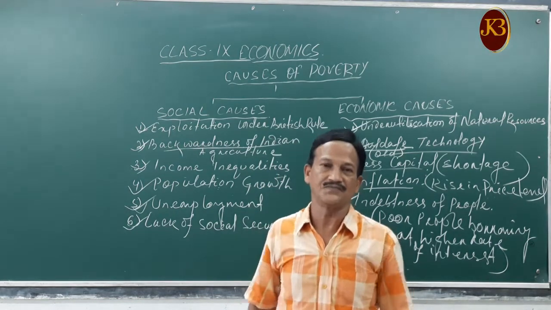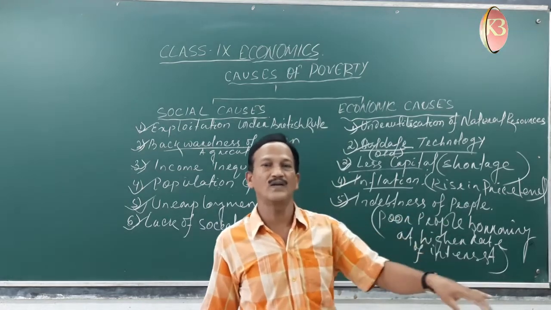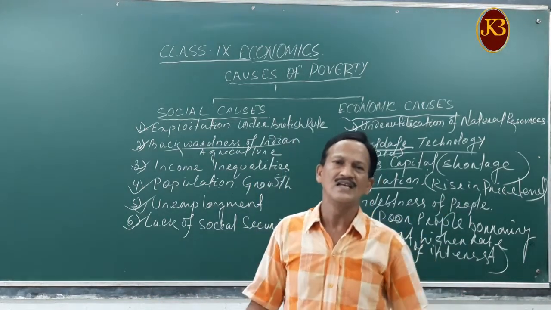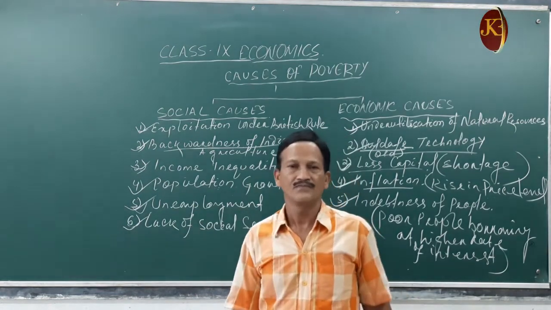They lose their lives. People borrow money for cultivation. Landless farmers, small farmers and marginal farmers borrow money from rich people and invest in their agriculture.